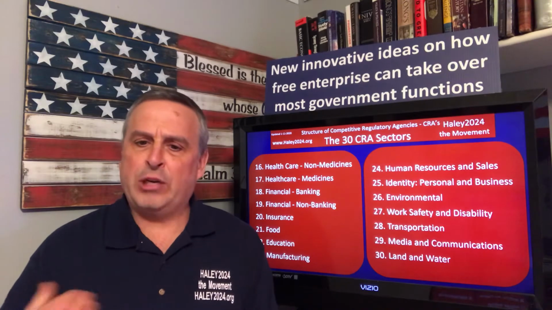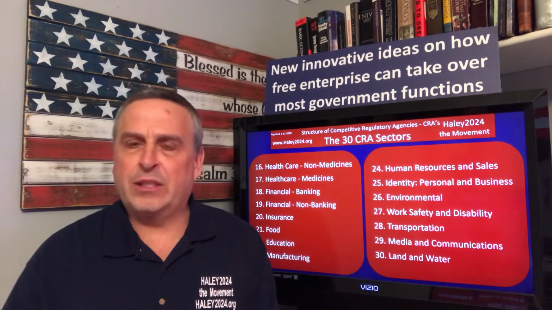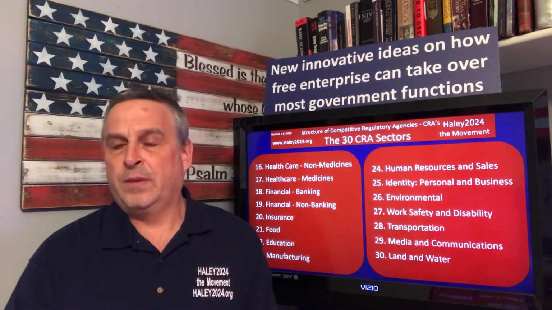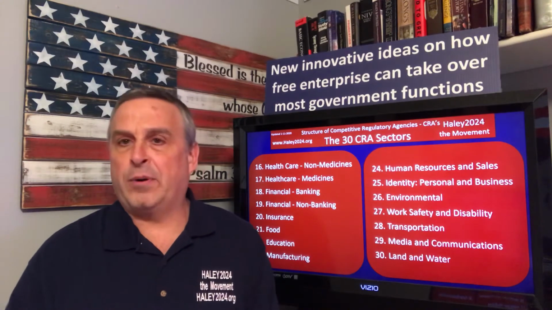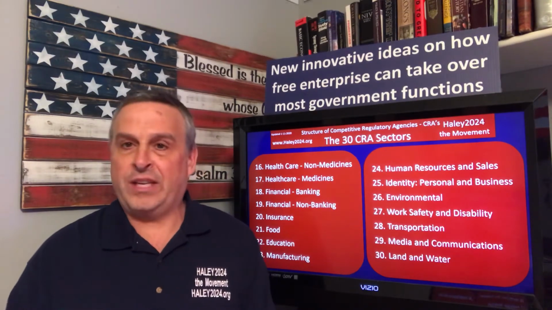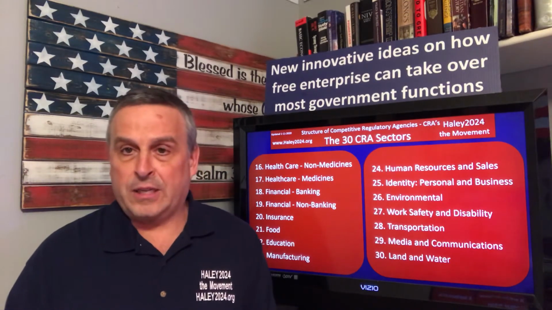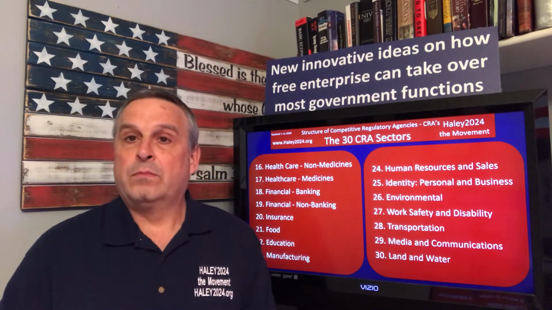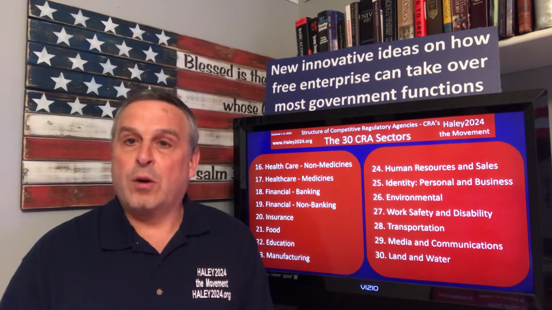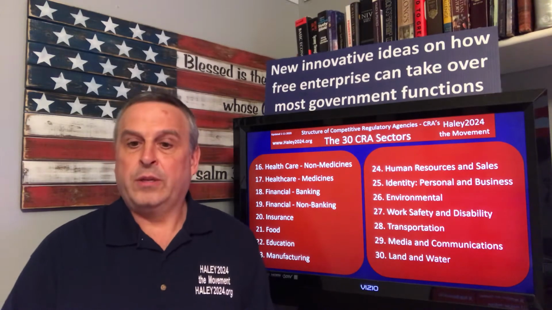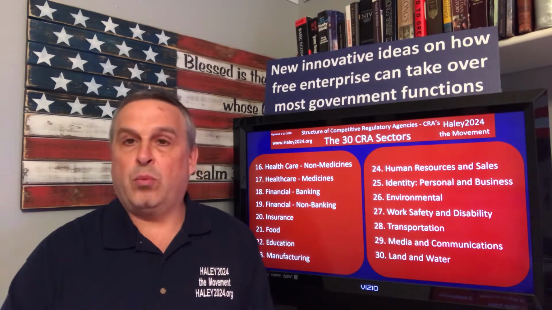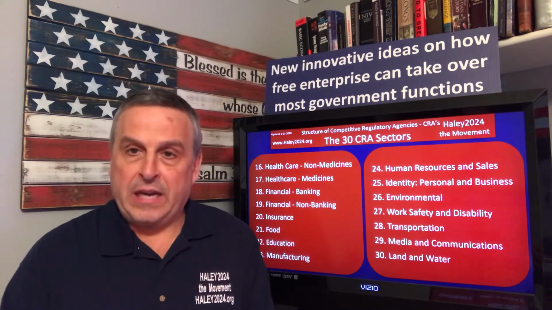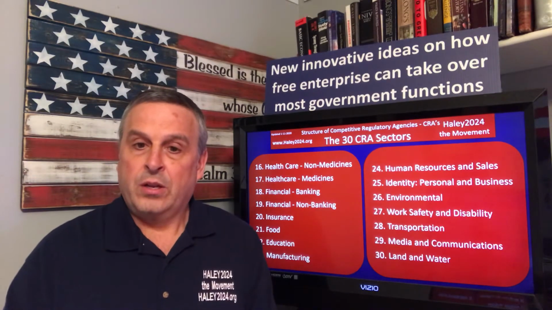Environmental, work safety, transportation. Again, transportation, total free enterprise roads, to go along with total free enterprise police and total free enterprise education, total free enterprise helping the poor, charities and the like. No more government monopoly on those. Media and communication, land and water. A lot of competitive governance there.